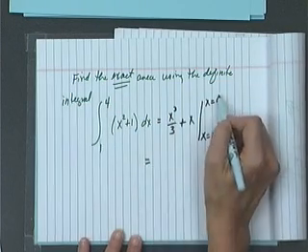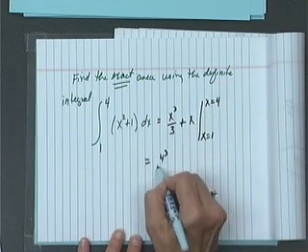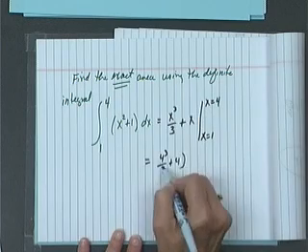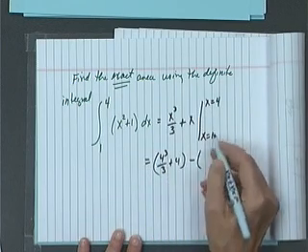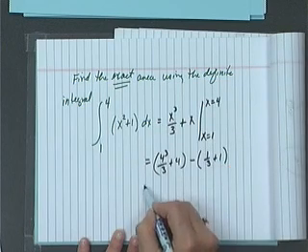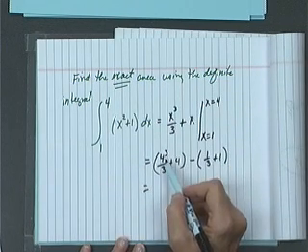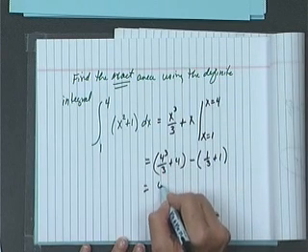Okay, and when we evaluate its upper value, that would be 4 cubed over 3 plus 4, minus lower value, 1/3 plus 1. Okay, 4 times 4 times 4, 64 thirds.